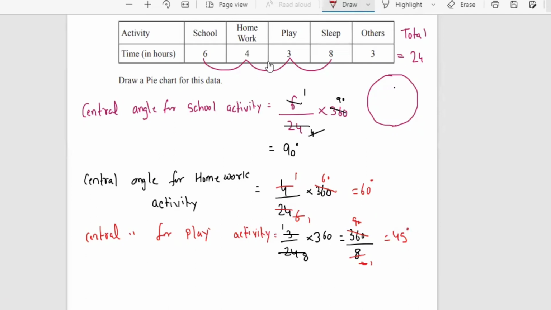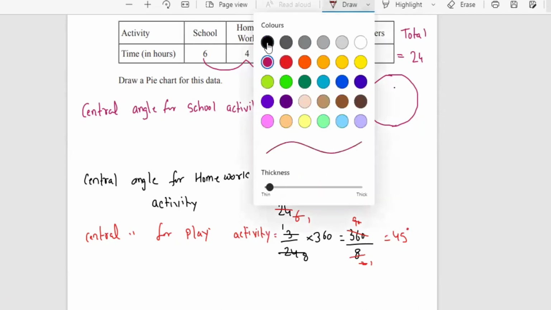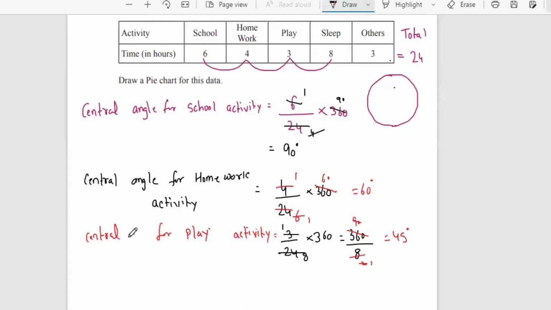So moving further, the central angle for the sleep activity. What's the time taken for sleep?